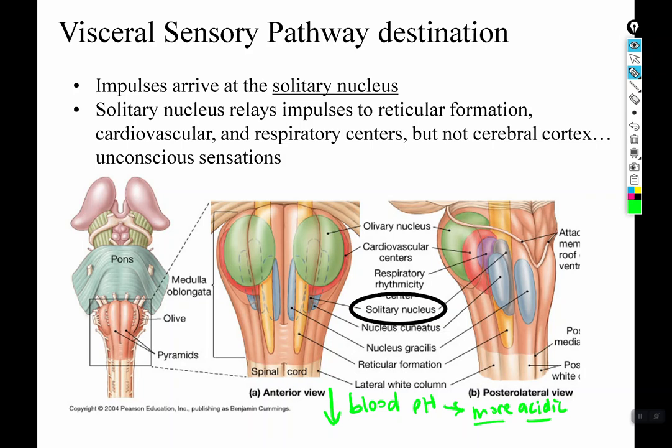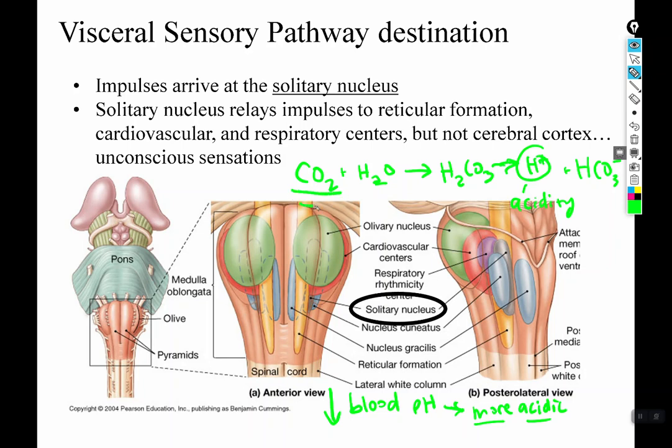So CO2 plus H2O becomes carbonic acid, becomes a proton, which is the unit of acidity, and then bicarbonate. So if I have a lot of CO2 in my blood, it's going to drive the reaction this way towards the formation of protons, and that's going to drop my blood pH.